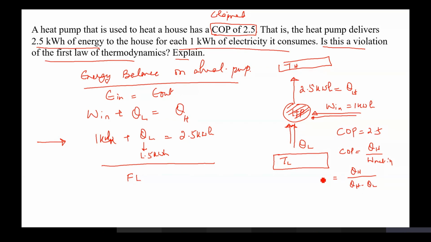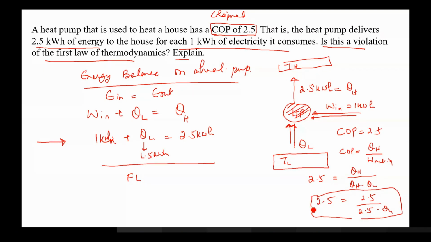So if COP is given to me as 2.5 and QH is also 2.5, QH over QH minus QL, can I find out QL from this equation?